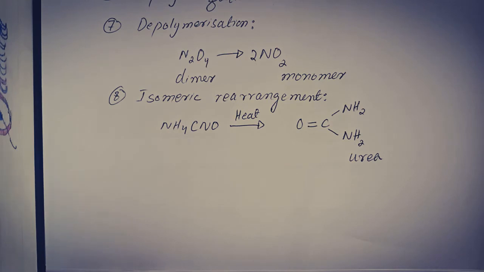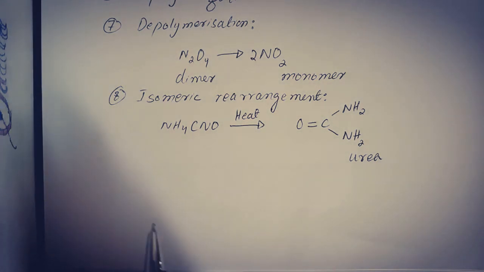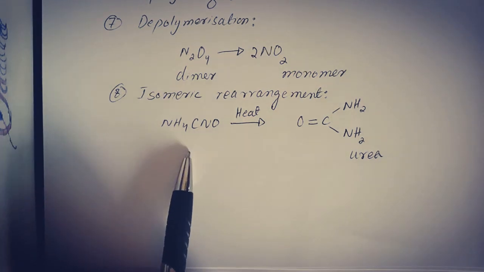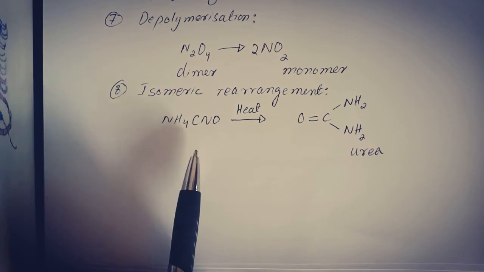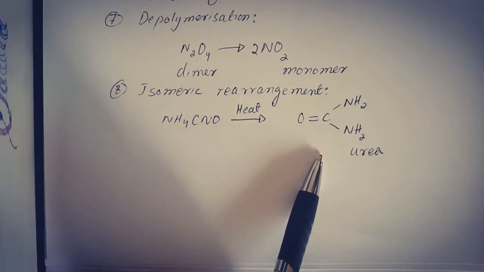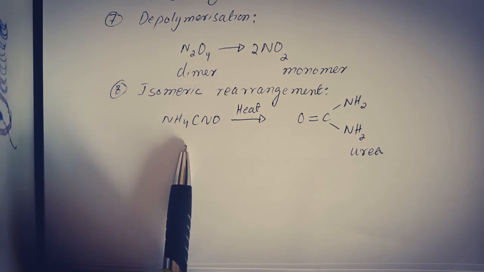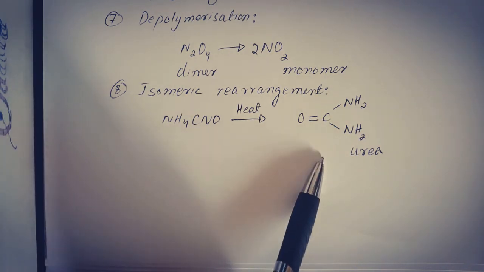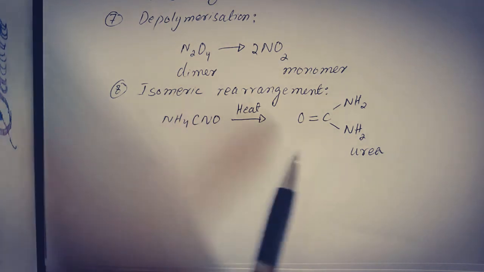Another kind is isomeric rearrangement, in which the atoms in the molecule of a substance undergo a rearrangement, producing a new substance of same composition but having different properties. The conversion of ammonium cyanide into urea by heat is a typical example of isomeric change.